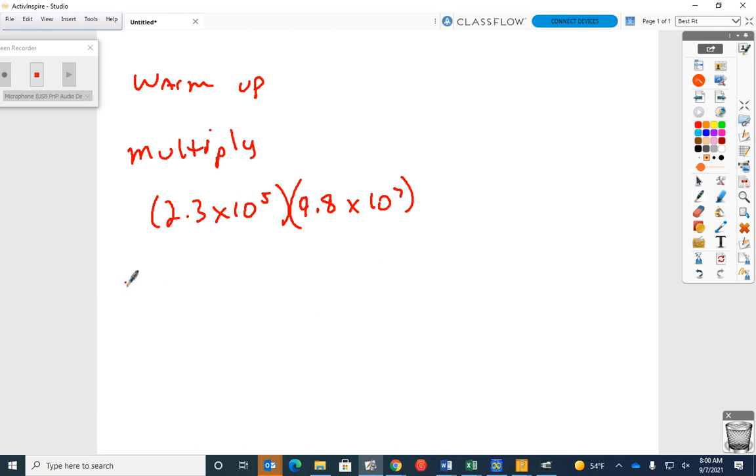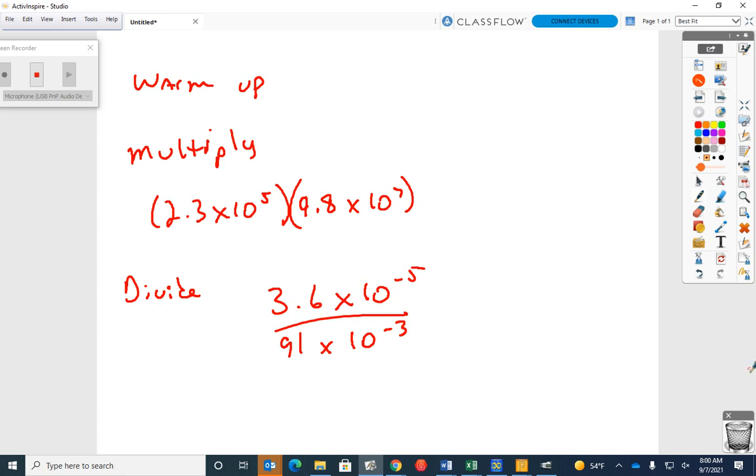Do this one and then do this one. Okay, do these two problems for your warm-up.